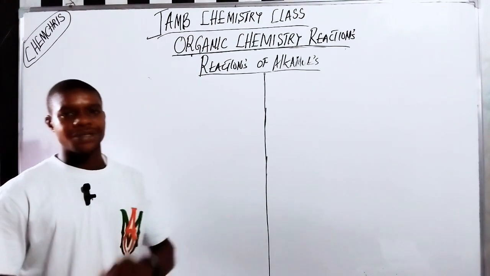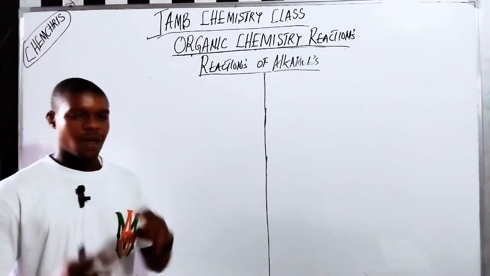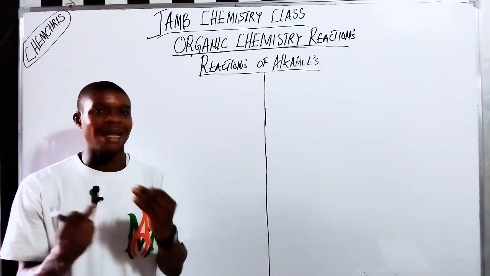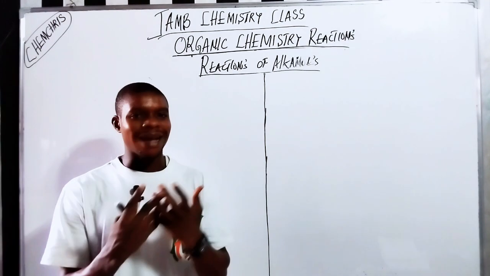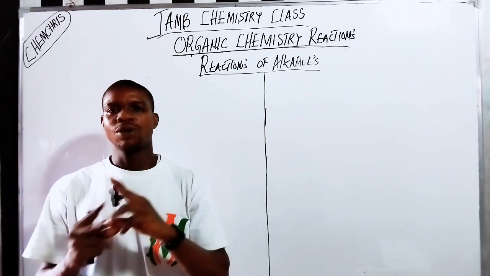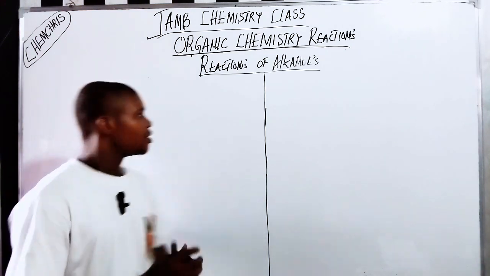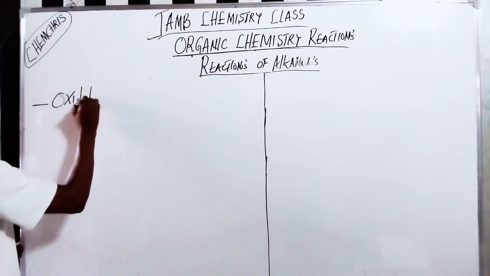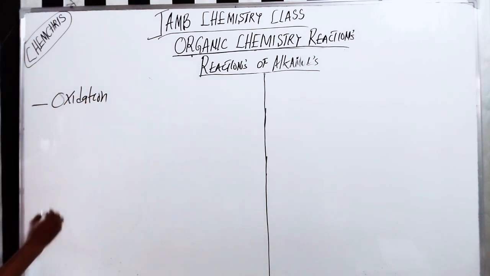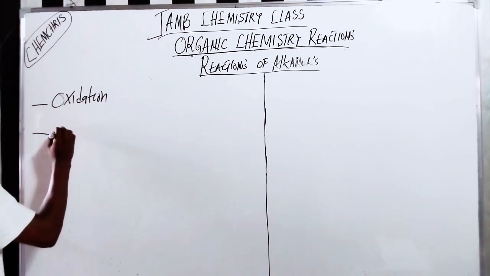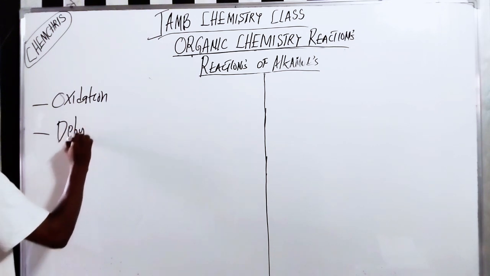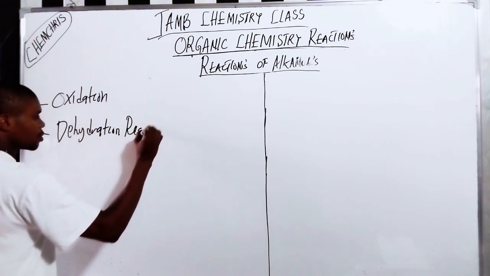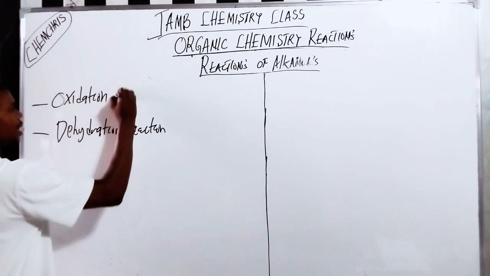Okay, so let's look at the reactions of alkanols. When I assess the questions they normally ask when it comes to reactions of alkanols, there are only 2 types of reaction they normally ask. The first one is called the oxidation reaction. The other one is called the dehydration reaction.